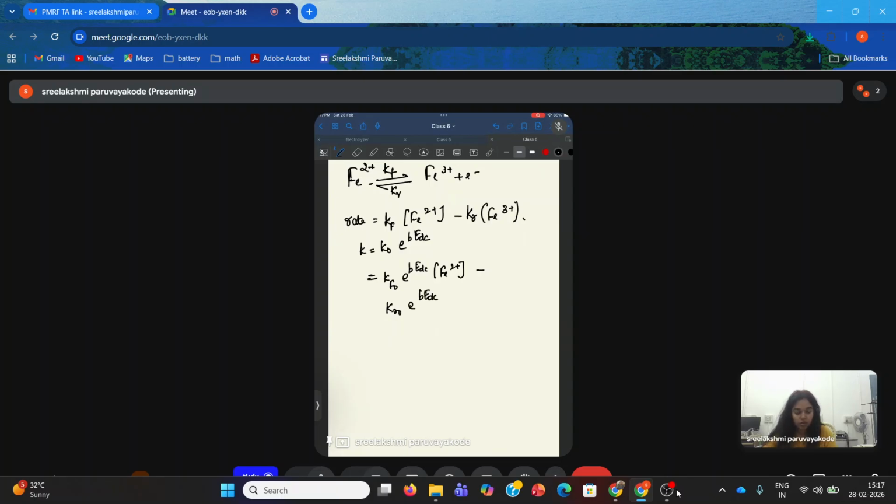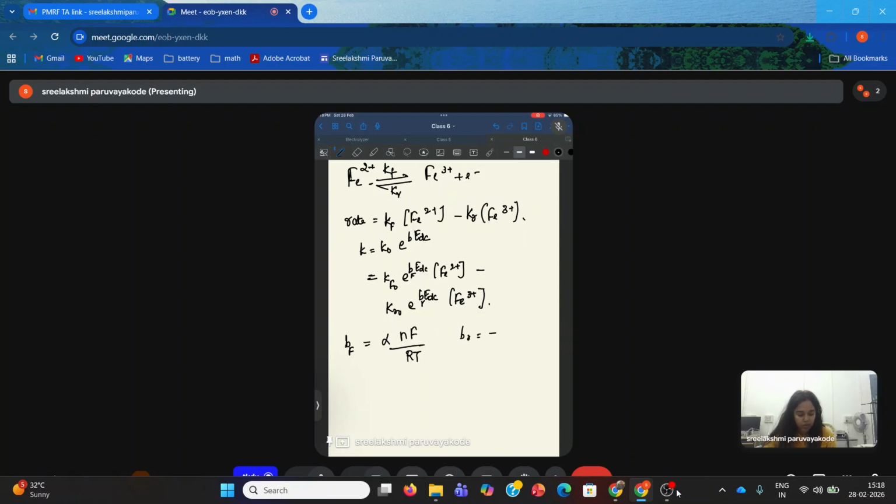Again, B depends on whether it is forward or backward. What is the coefficient B here? Bf becomes alpha nF by RT. I have taken it this way because for the backward and the forward, the charge transfer coefficient becomes different, so writing a single B would be wrong.